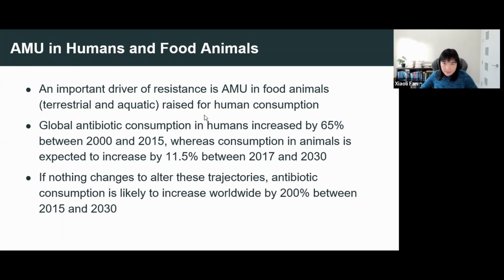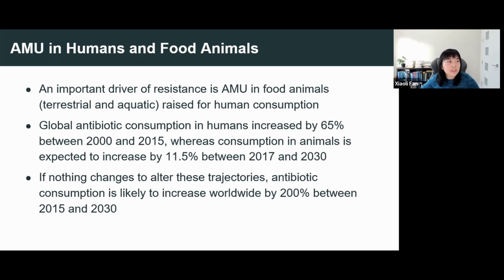Actually, animals are using more in terms of quantities than humans. It's mainly because there are many more animals in the world than humans.